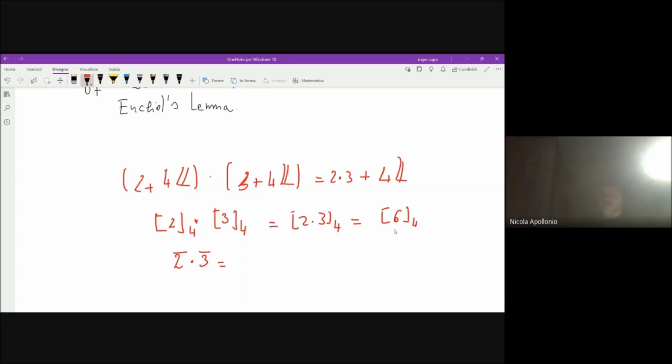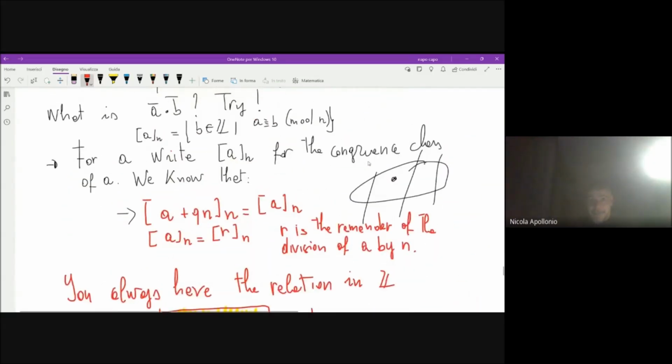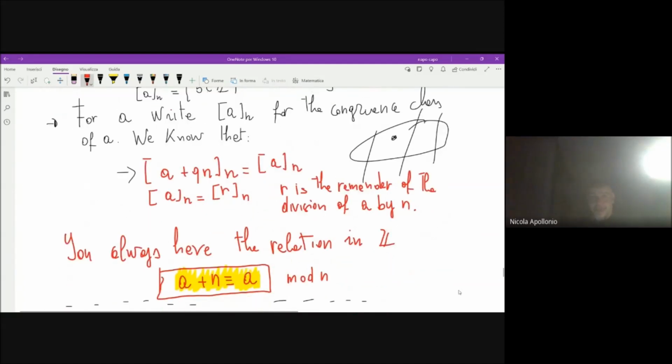But what is the class of 6 modulo 4? Apply the definition, apply the characterization. The class of A modulo n is exactly the class of the remainder of the division of A by n. So if R is the remainder, the class of A modulo n is the same as the class of R modulo n.